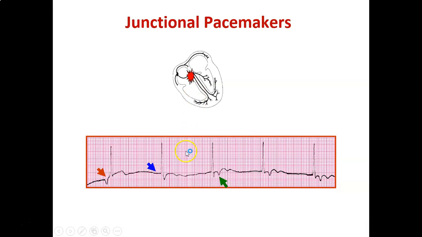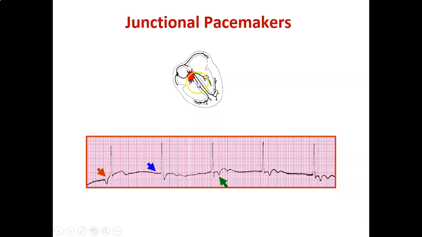So it may be seen in case of junctional rhythms that ventricles and atria contract together. When they contract together, you don't see any P wave. But if the atria contract before the ventricles, you will get the inverted P wave before the QRS complex. And if the atria contract after the QRS complex, you will see the inverted P wave after the QRS complex.